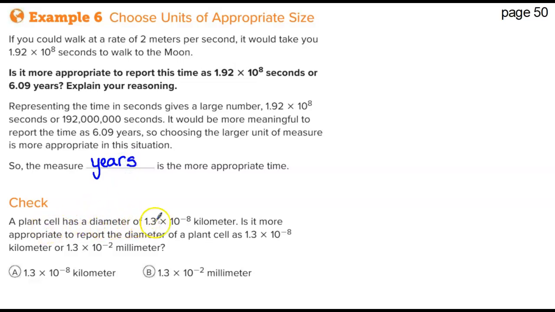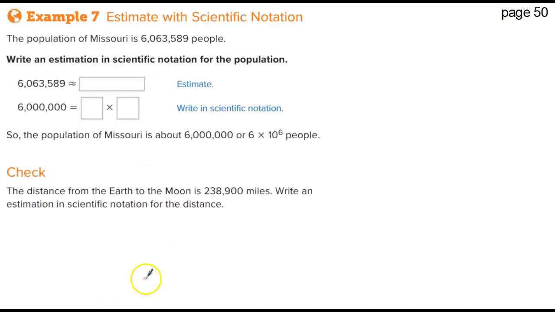A plant cell has a diameter of 1.3 times 10 to the negative 8th kilometers. You're going to measure a plant cell in kilometers? Seriously? I don't think so. Millimeters is more appropriate. The population of Missouri is, now they want us to estimate this number, okay?